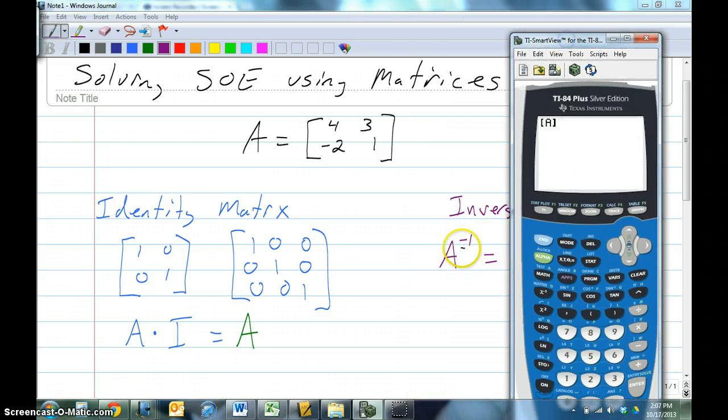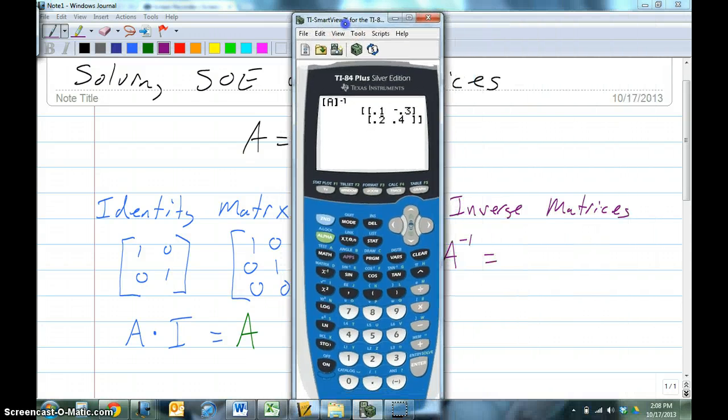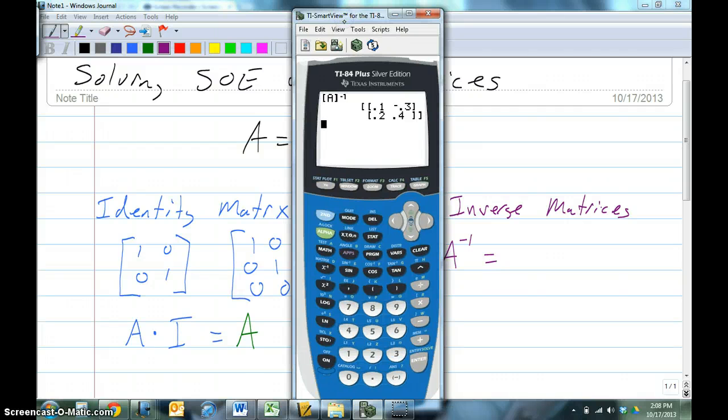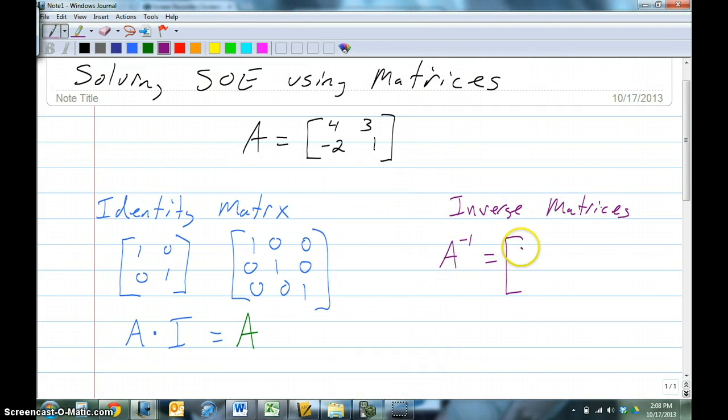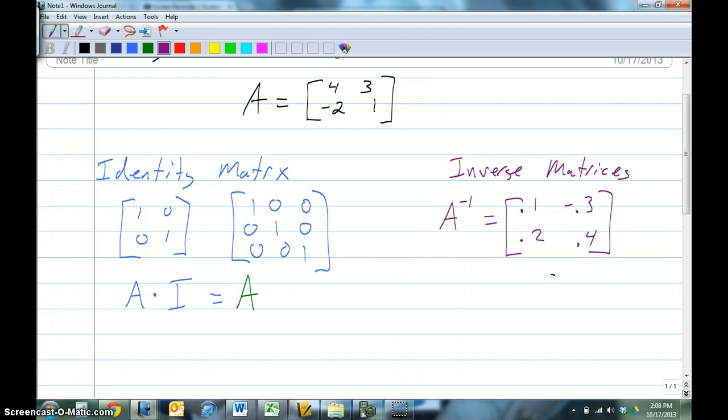We said that the inverse was like this to the -1 thing. That is the matrix button without hitting the second. So A to the -1 is, gross, 0.1, negative 0.3, 0.2, 0.4. So write that down. We got 0.1, negative 0.3, 0.2, and 0.4. Those are our inverse matrix A. That is the inverse of matrix A.